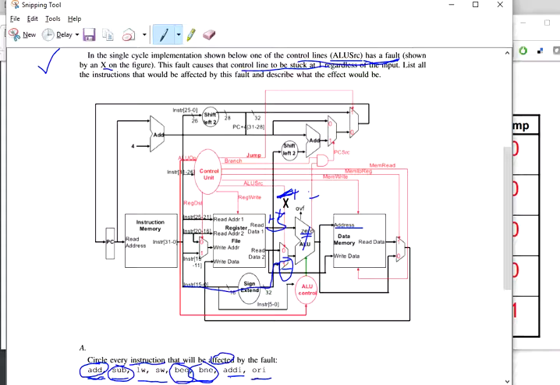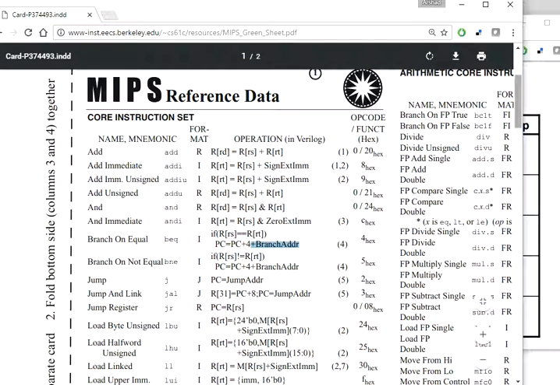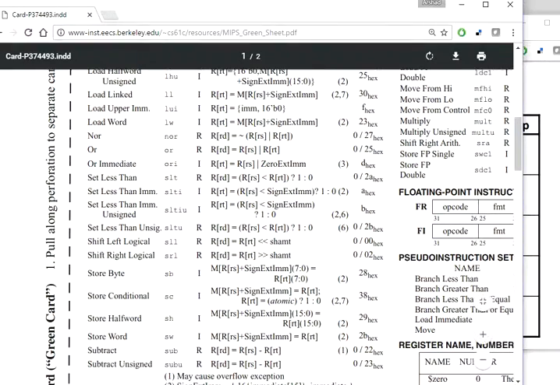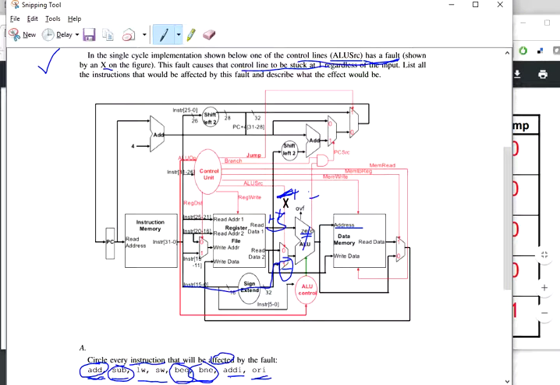ORI is very similar. ORI also gets the immediate value, and then we're going to be ORing it with RS. An example of that you can find in your MIPS green sheet. There we go. There's ORI. We're going to be putting RS, and then the zero extended immediate value right here. So you might say that there might be a little problem because this is sign extended, but that's not what we're asking right here.